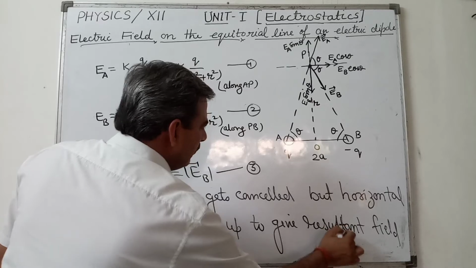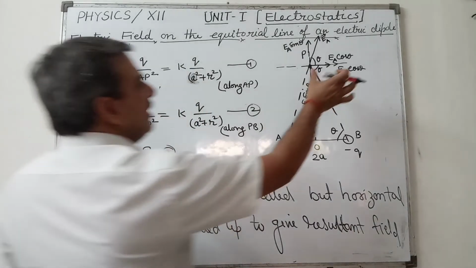So these two components get added up to give the resultant field at the point P.